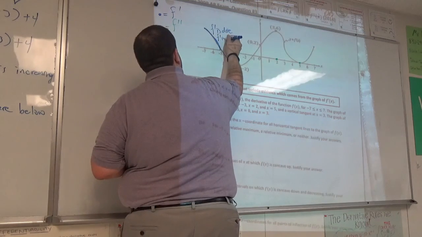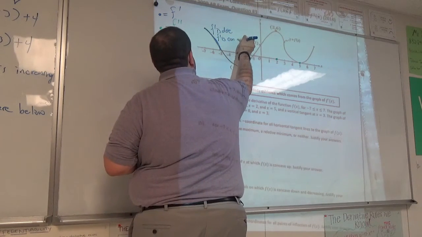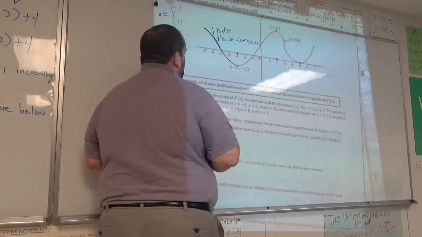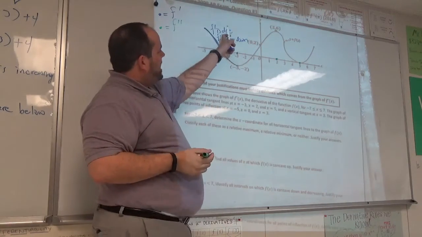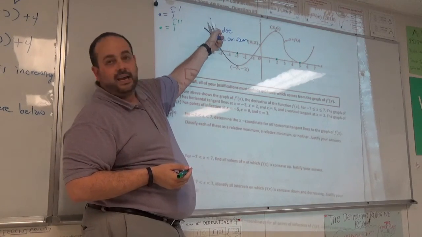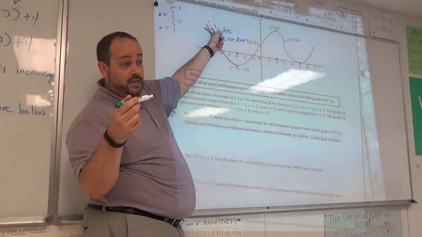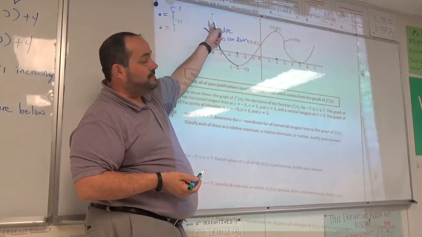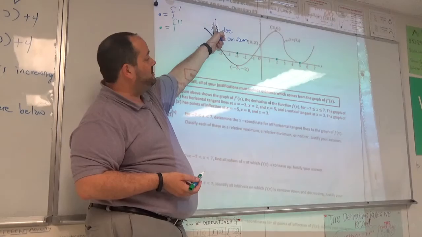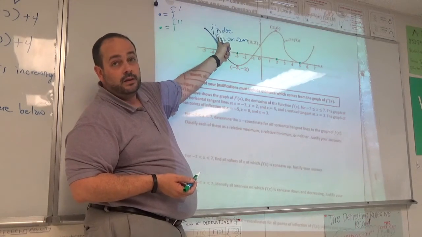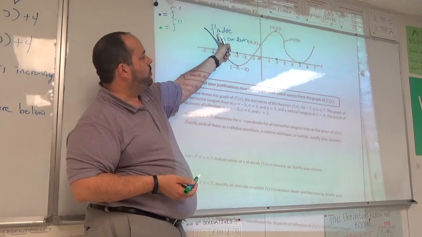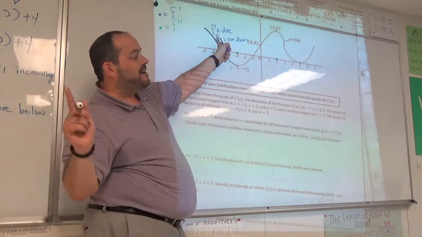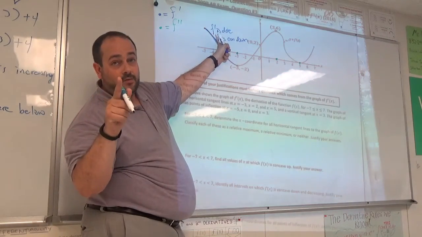F prime is concave, what is that, down? So if I go to sketch F double prime, I'm going to say F double prime is two things. F double prime is negative, and F double prime is... nope. F prime is concave down.